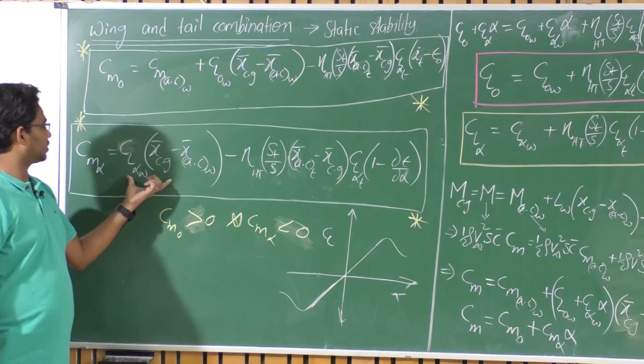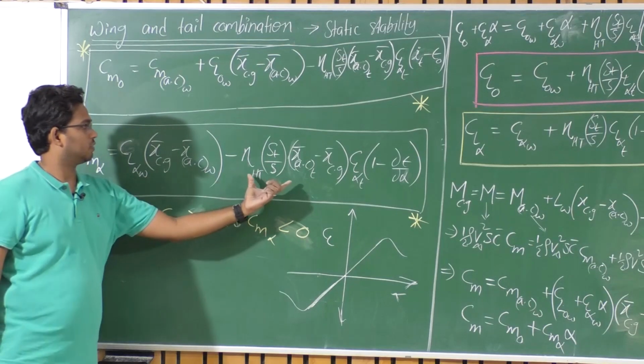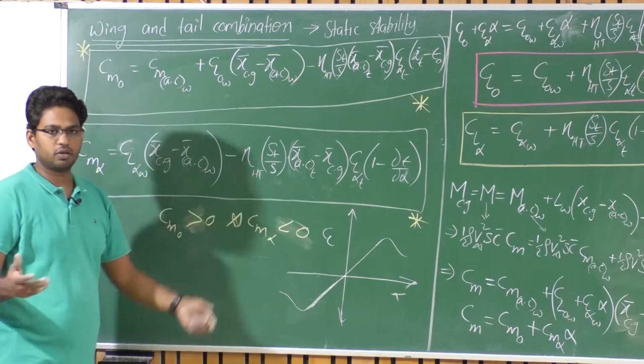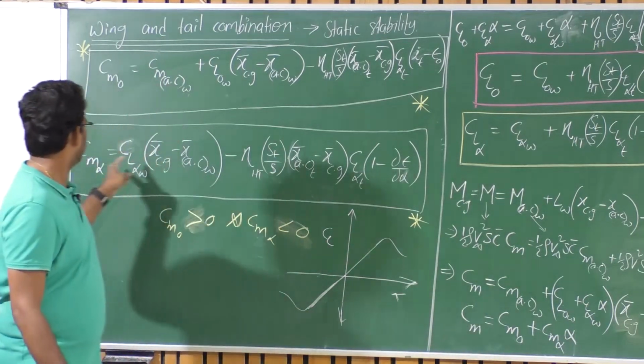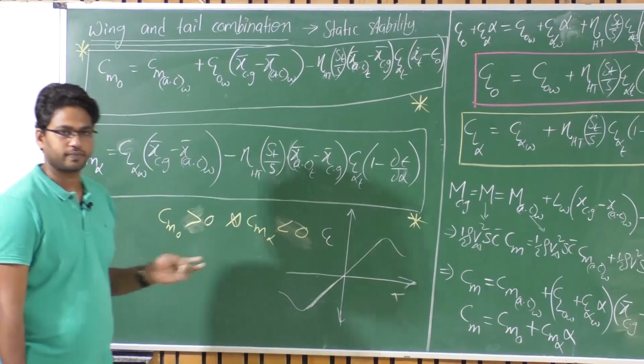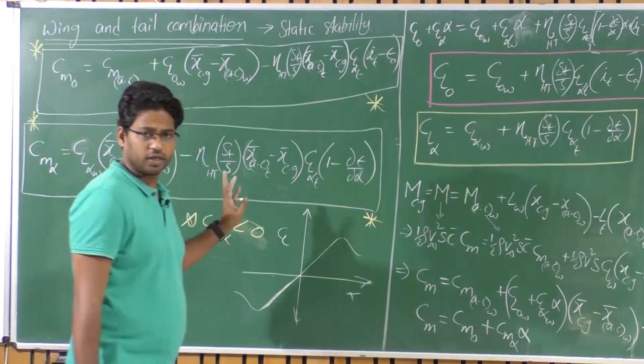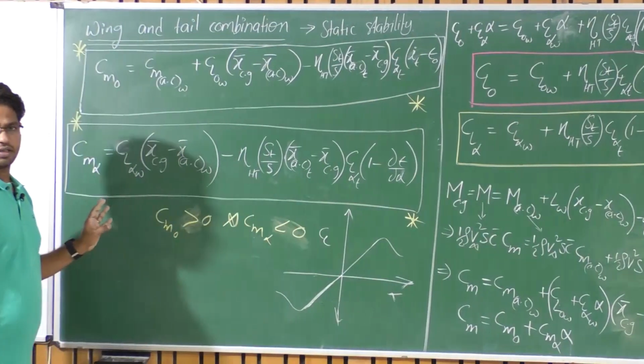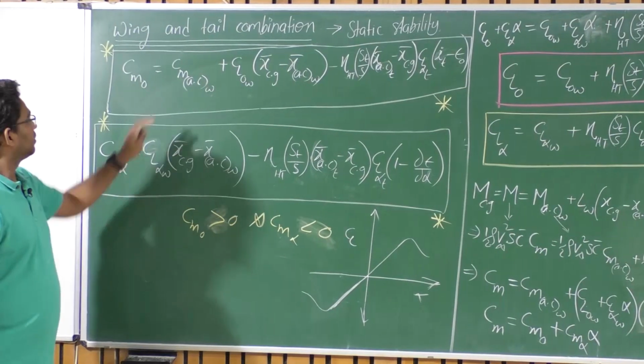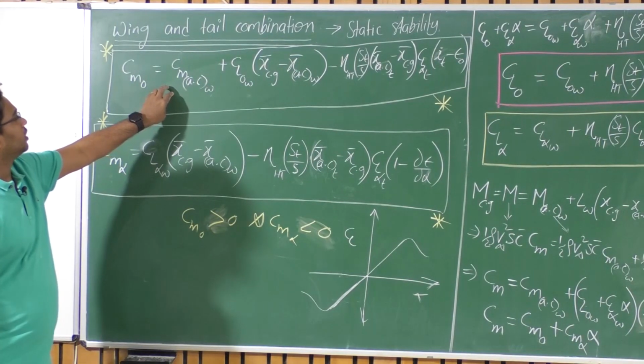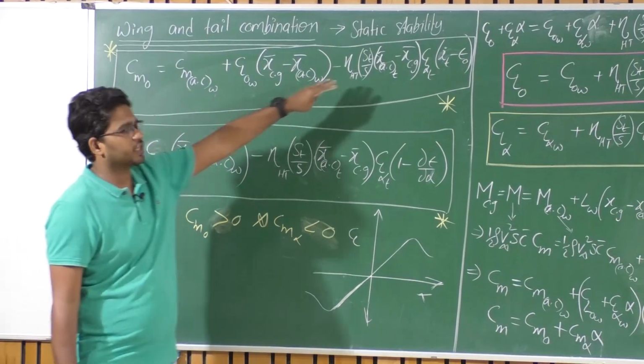So this term may be positive, but still, if you choose a proper value of tail volume ratio, you will be able to achieve Cm alpha negative. Okay, whether it's a cambered or symmetric wing, it doesn't matter. But here for a cambered wing, you need to choose i_t negative, isn't it? Why?